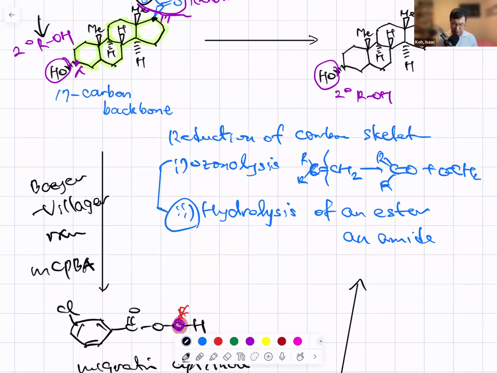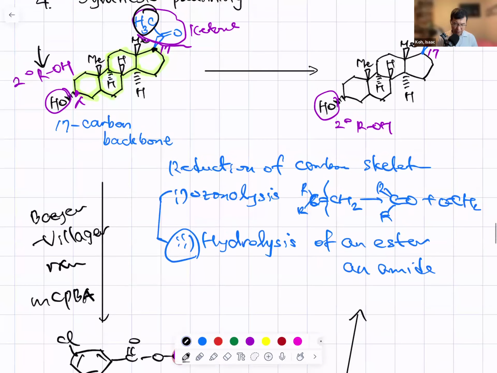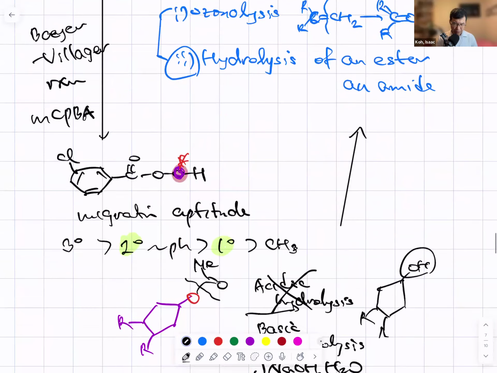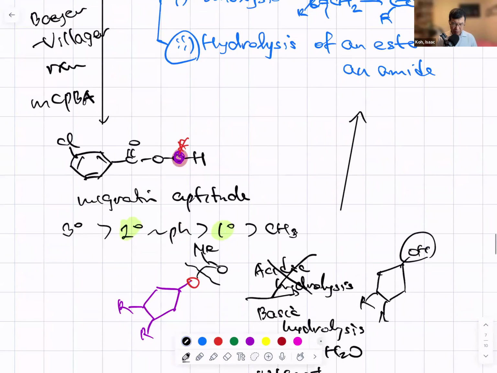Then, as we thought about, cleavage of the carbon skeleton can be achieved either by ozonolysis or hydrolysis. And here we chose hydrolysis. But ketone is not prone to hydrolysis. Ester is prone to hydrolysis. So let's convert ketone into an ester by using the peroxybenzoic acid, the alkyl peroxide.